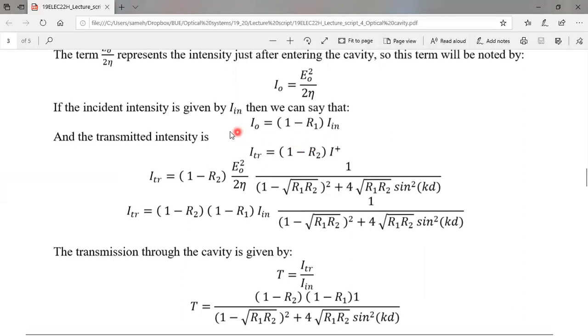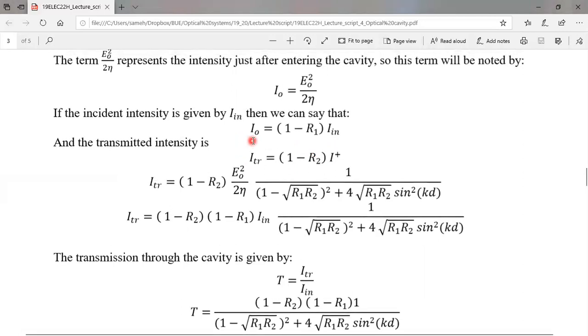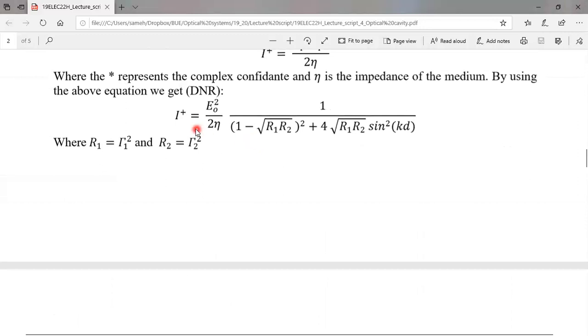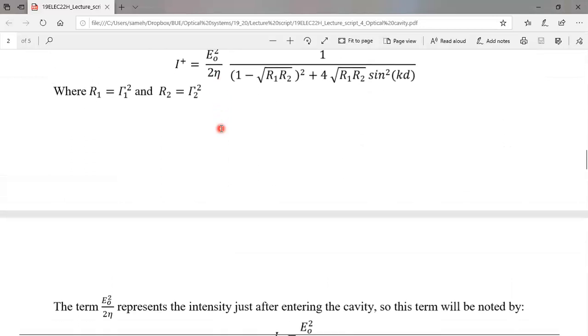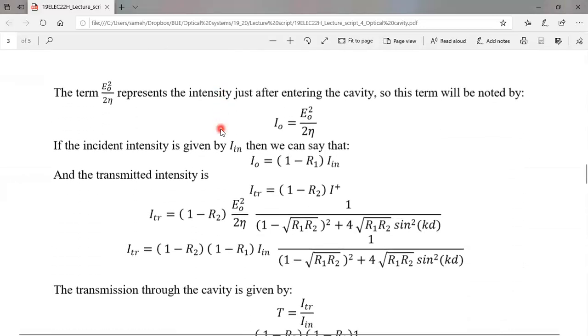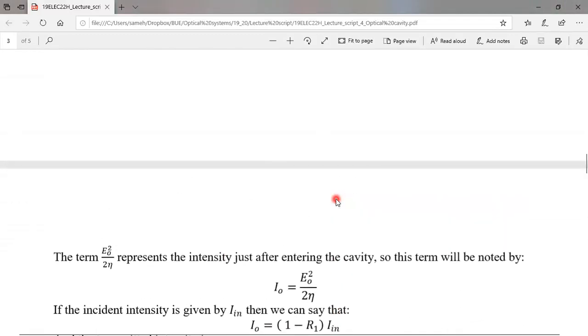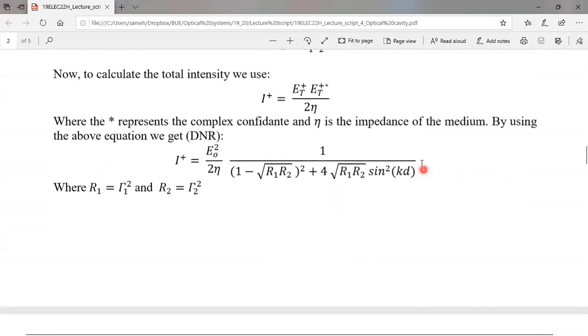Okay, we already know I1 plus, we already calculated here. That's right. This is I1 plus, as we calculated. Then the I transmitted is 1 minus R2 multiplied by I plus, multiplied by this term.